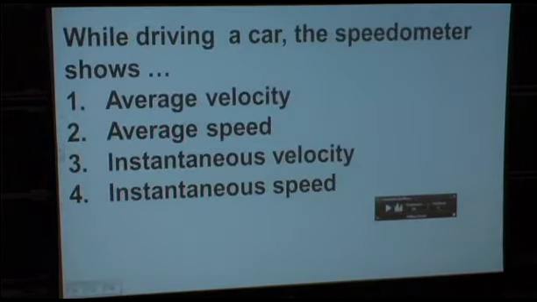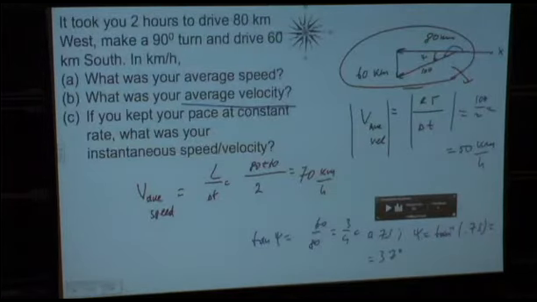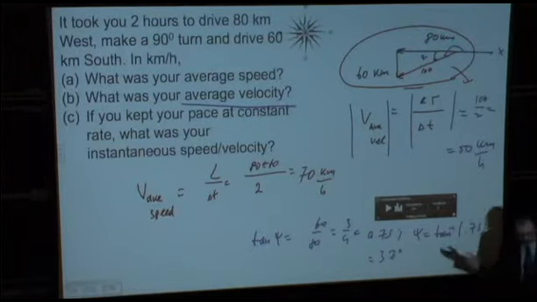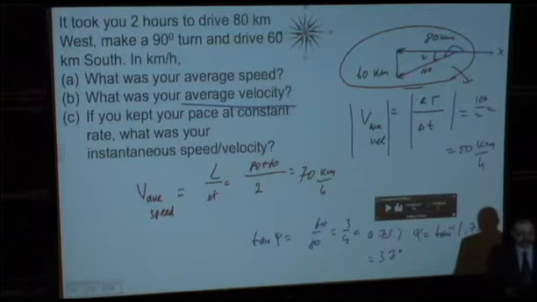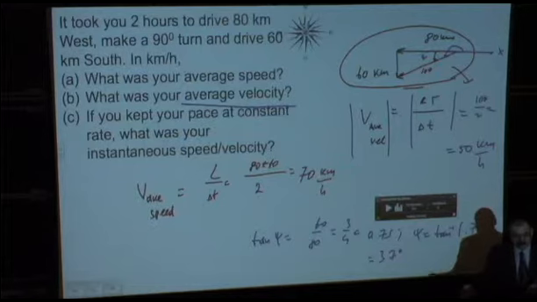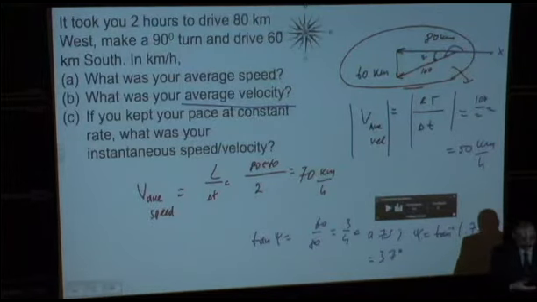Yes? When you write down the angle, would you write it down as 180 plus 37 or just 37? That depends on, well, let's say this is a problem you have to solve in WebAssign. WebAssign usually tells you how the angle is supposed to be measured. It's not always from positive x direction counterclockwise. So wherever you're told to do, you have to do.